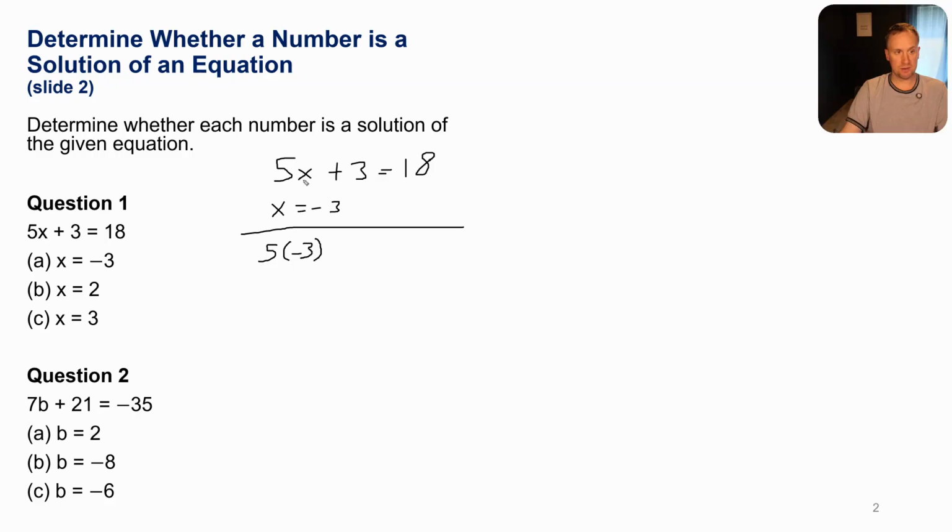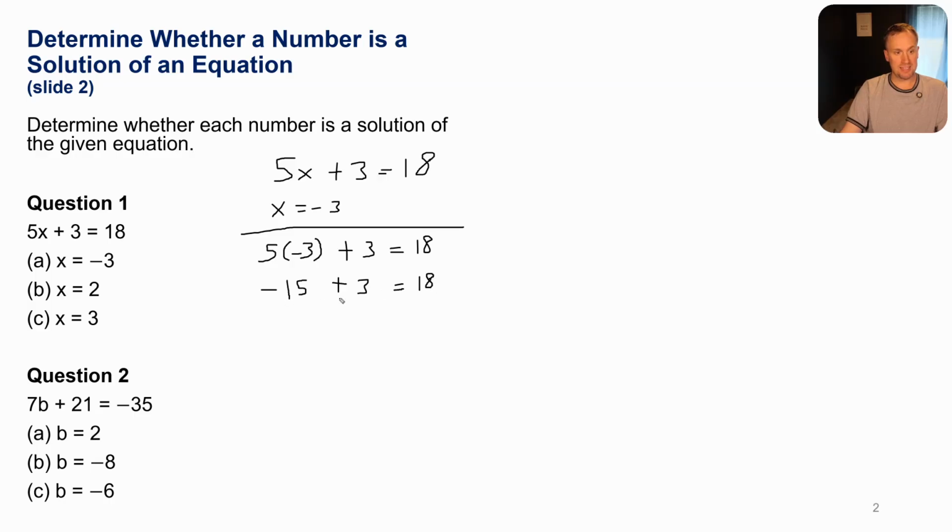Now I have 5 times -3 plus 3 equals 18. Now we determine whether the left-hand side of the equation is equal to the right-hand side. My first step is to multiply 5 times -3. 5 times -3 is -15, plus 3 equals 18.